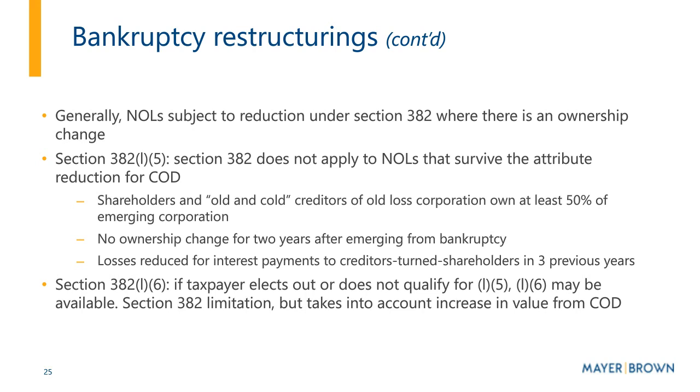And the benefit of that is that it doesn't matter if there's a subsequent ownership change in the future. So under an (l)(5) plan, you will often see restrictions on trading in stock to preserve the NOLs going forward. If the future owners cannot live with those restrictions, then (l)(6) is often a better option than (l)(5).